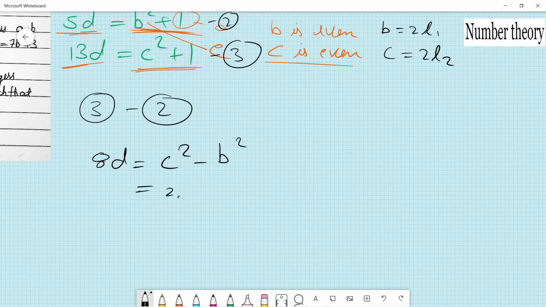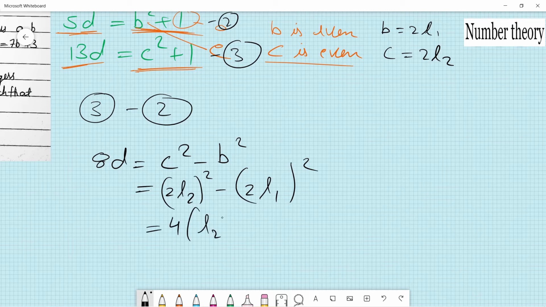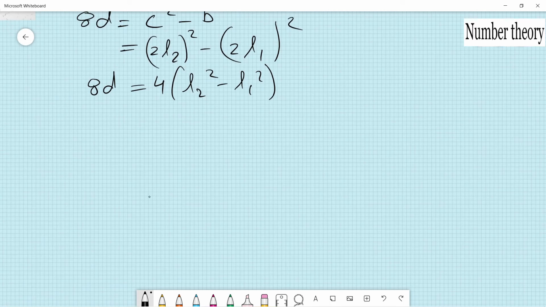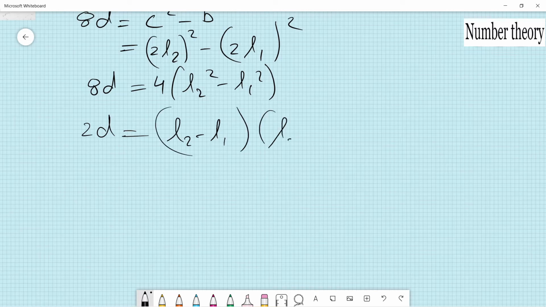It will become (2l2) whole square minus (2l1) whole square, which in turn becomes 4(l2 square minus l1 square). 8D. From here we get 2D equals (L2 minus L1) multiplied by (L2 plus L1).